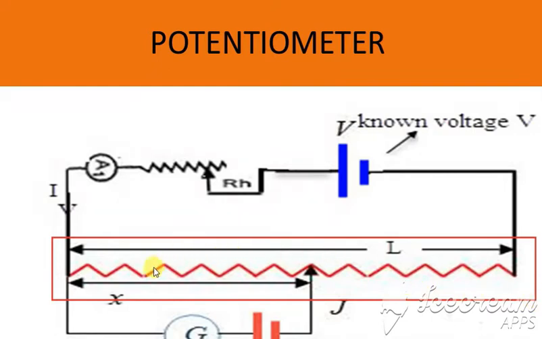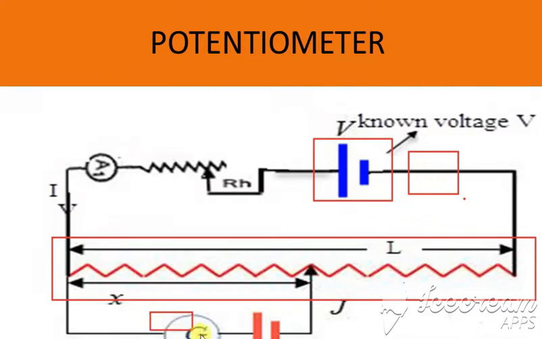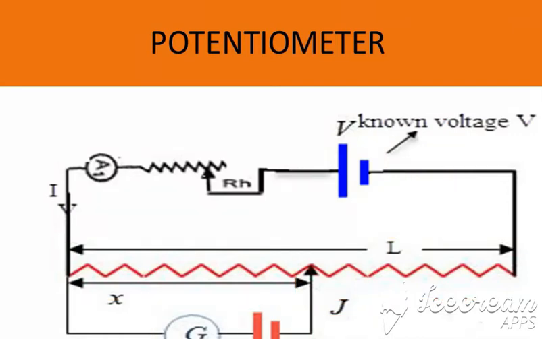Then at the top you'll be connecting only a battery, and here there will be a key, that denotes the primary circuit. Below this you'll be having a galvanometer, high resistance and a jockey. So this all will denote the secondary circuit. This is just the introduction of potentiometer.